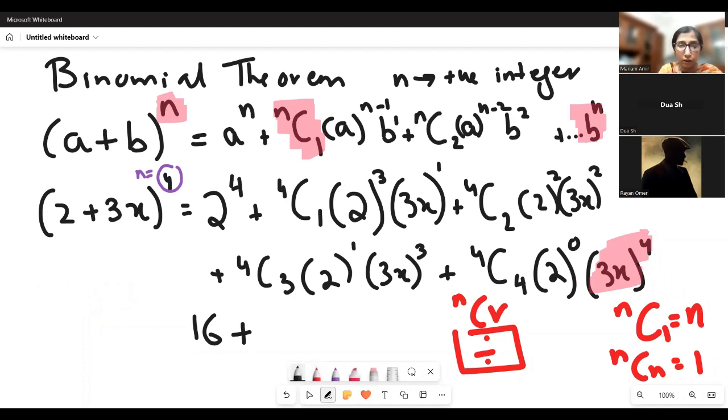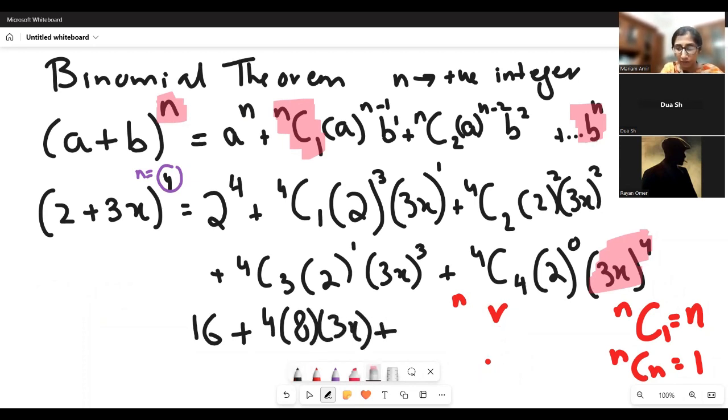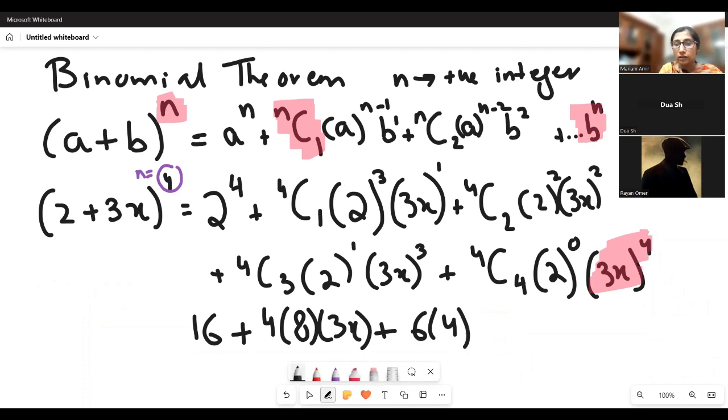So 4C1 is 4 times 2 cubed is 8 times 3x, plus 4C2. What is that? 4 shift divide 2 is 6, then 2 squared is 4, then 3 squared is 9, and then x squared.